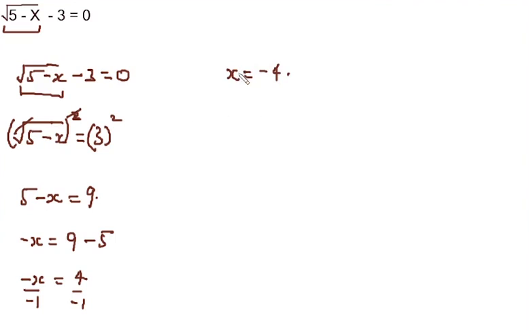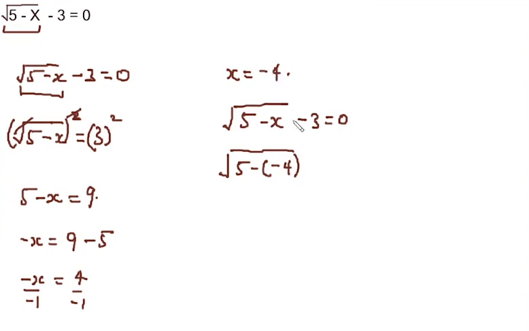The next step is to plug it back into the equation to see whether your answer is correct. The original equation is given as the square root of 5 minus x, minus 3, is equal to 0. So the square root of 5 minus open bracket minus 4, I've plugged in the value of x, minus 3 is equal to 0.